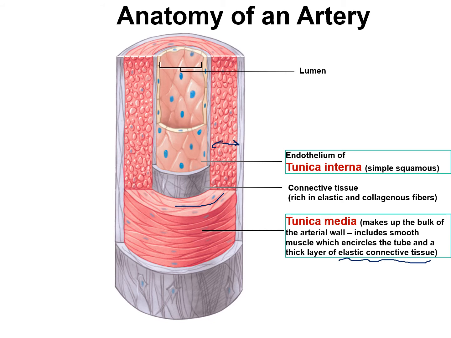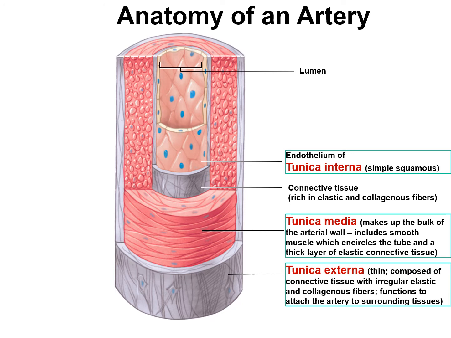So we had a little bit of it just out from the tunica interna, this gray region, but we also have it infiltrating the tunica media. And again, that's really important because blood being ejected or carried by an artery is generally carried under higher pressure. So to accommodate that pressure, we have a lot of those elastic connective tissue fibers.